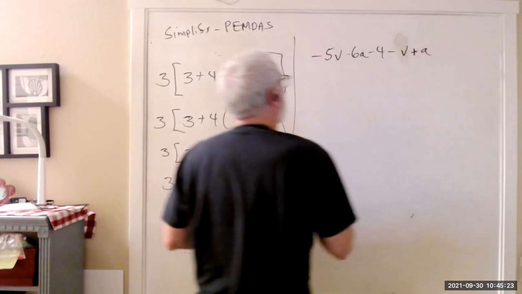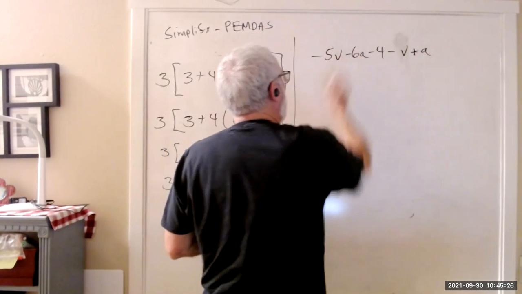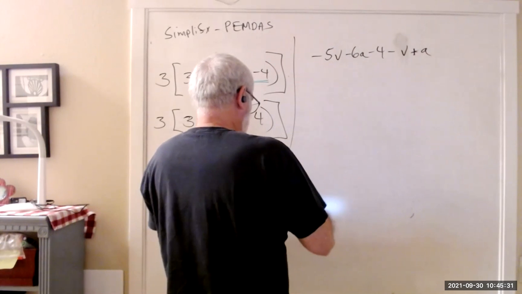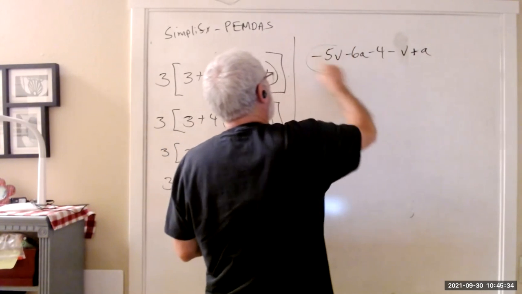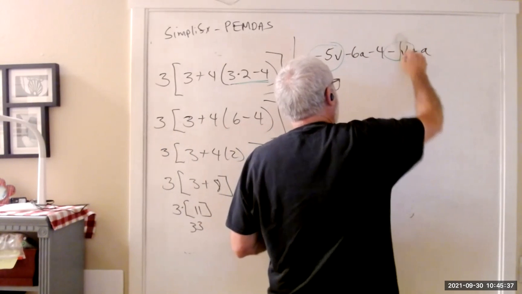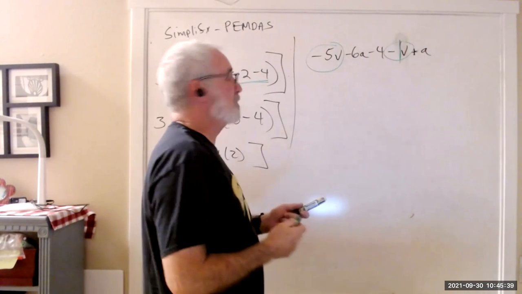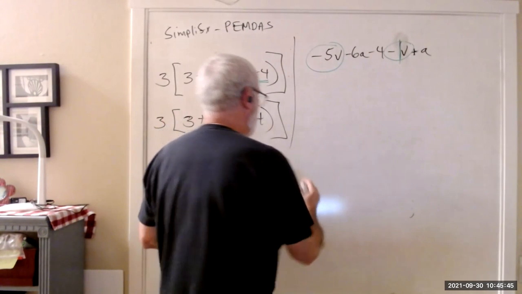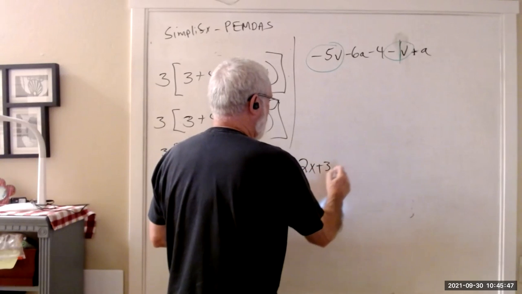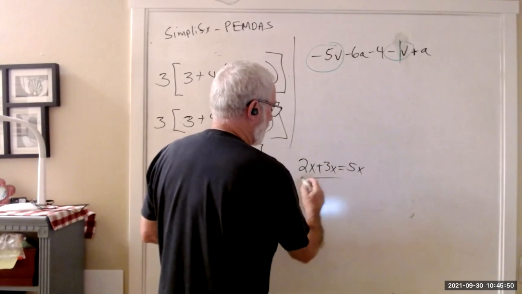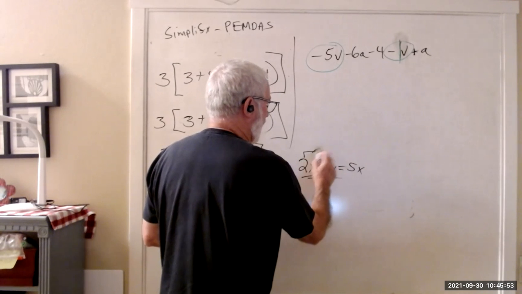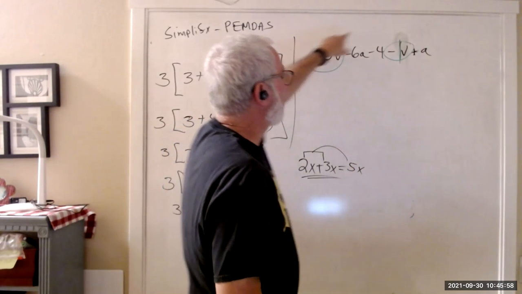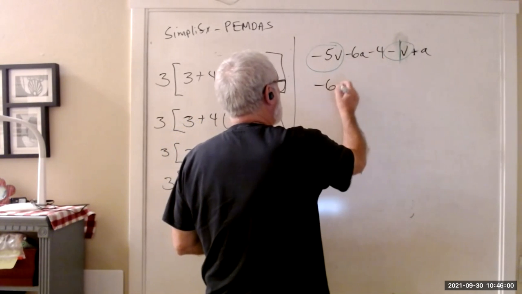Okay, so what they're trying to get you to do is just simply add like terms. That's all they're trying to get you to do. So in this case, the negative 5v and the negative 1v would be considered like terms because they're both v's. And the rule for like terms, remember when we say if we have 2x plus 3x, we have 5x, when we're adding like terms, we actually add the coefficients. 2 plus 3 is 5. So here, negative 5 minus 1 is minus 6v.